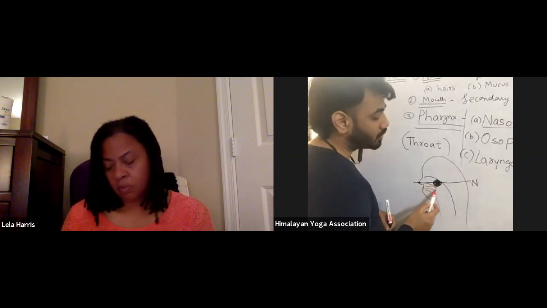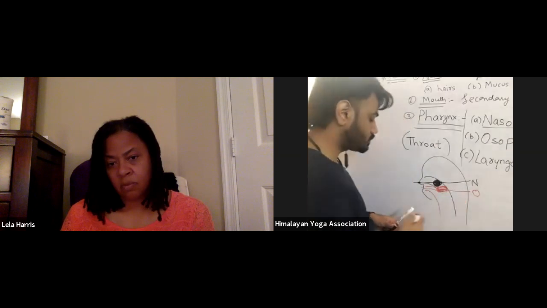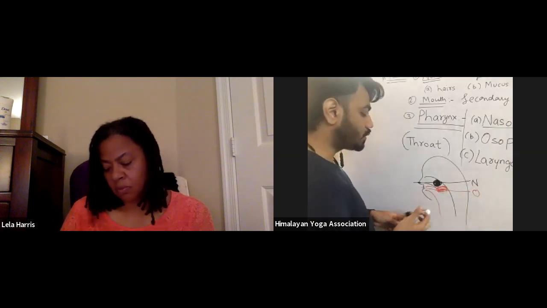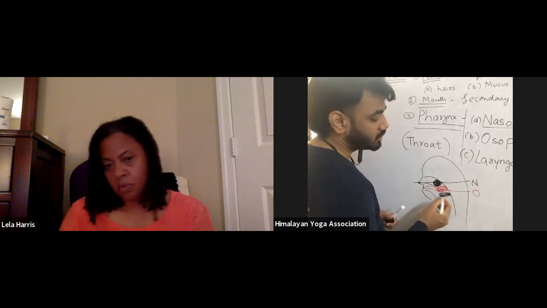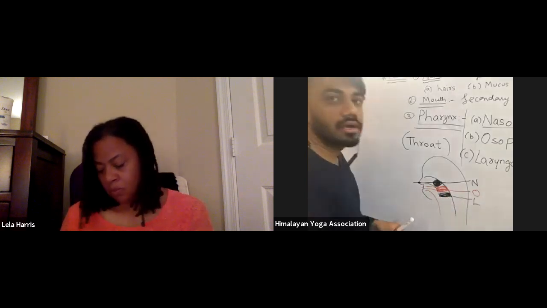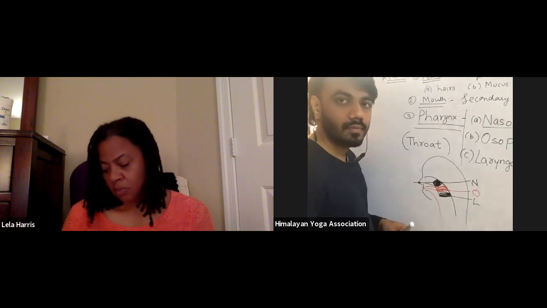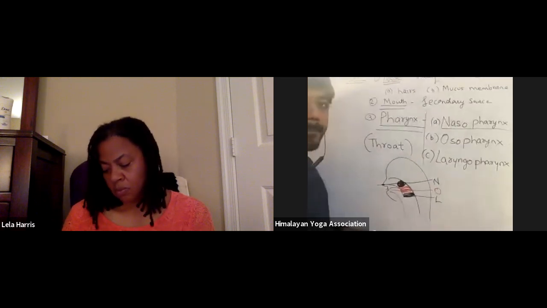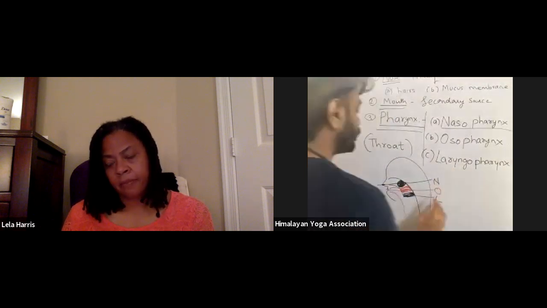At the end of the oral cavity, this section of the throat is known as the oropharynx. And below the oropharynx, there is the laryngopharynx, L. L indicates laryngopharynx. So these are the three sections of the throat.